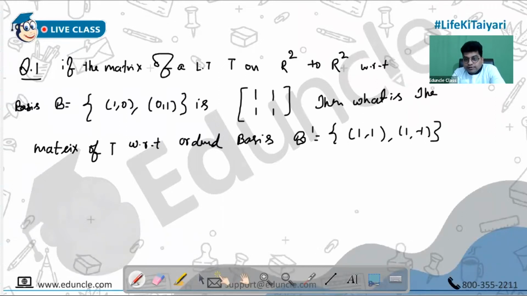What is the transition matrix? Basically, let us consider when the linear transformation is given.